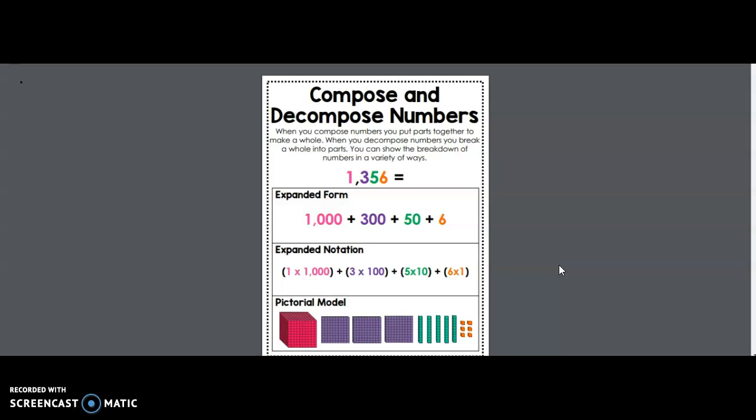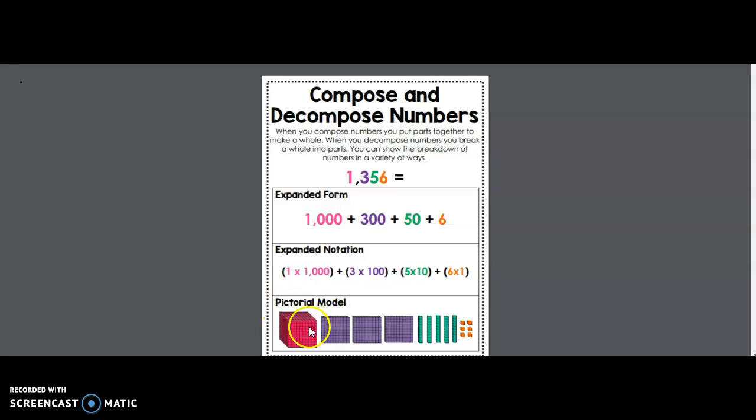You can show the breakdown of the numbers in a variety of ways. So they gave us this example of 1,356. So if I take this into expanded form, that's 1,000 plus 300 plus 50 plus 6. And then you can see the expanded notation, and you can see the pictorial models.